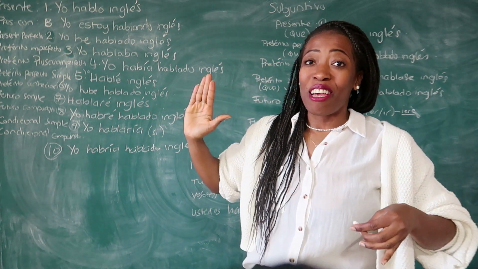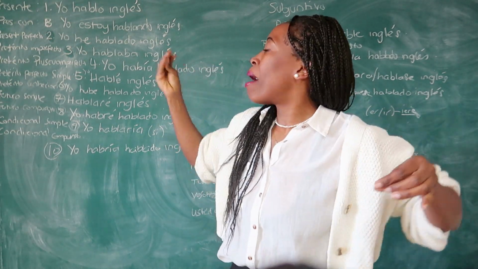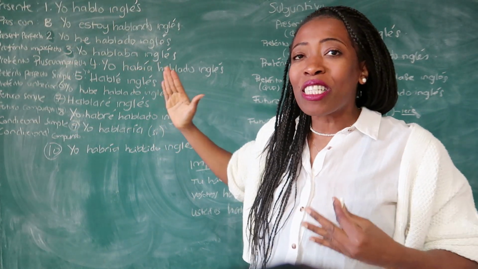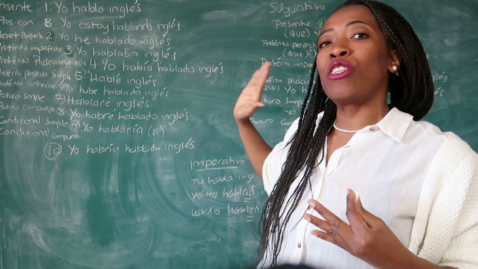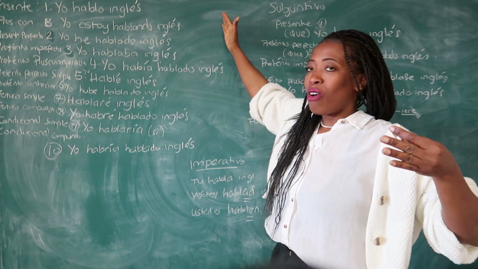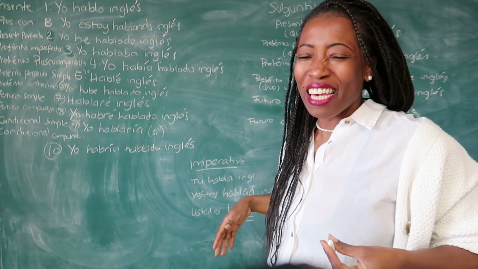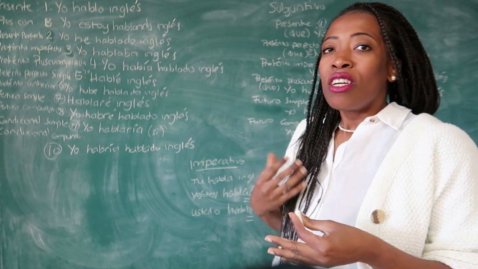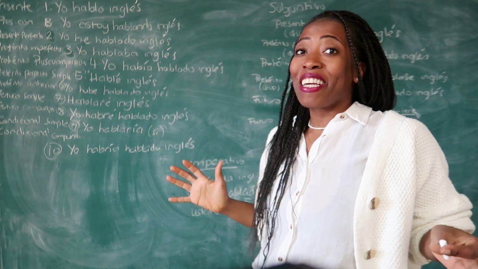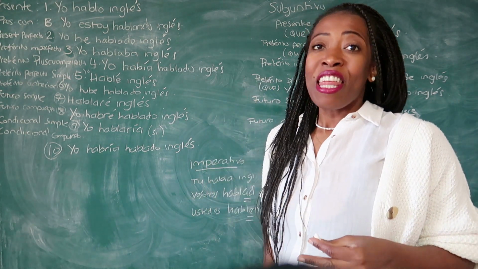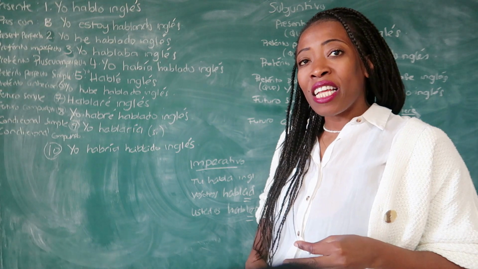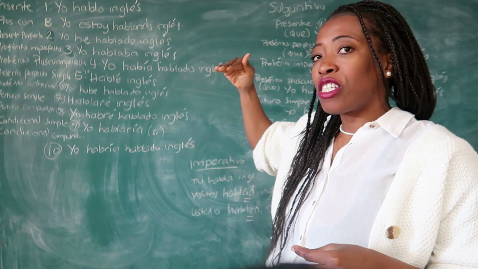Okay, and so with that, I'm going to go over all the tenses that we have in the indicative. I've chosen to use the verb hablar, which is to speak. And so guys, this is all of the possibilities, all the different ways you can say I speak English in Spanish. So that's the sentence we're going to use. I'm only doing the first person because I think if you have the list of your subjects, you should be able to have a go at this yourself and see all the other subjects.